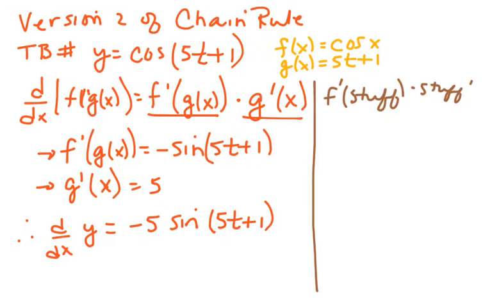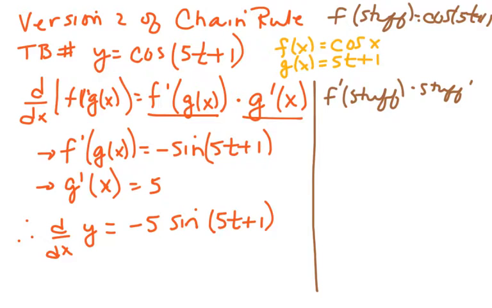Sorry about the interruption there. So using my little cheat of f of stuff, here f of stuff is cosine of 5t plus 1.